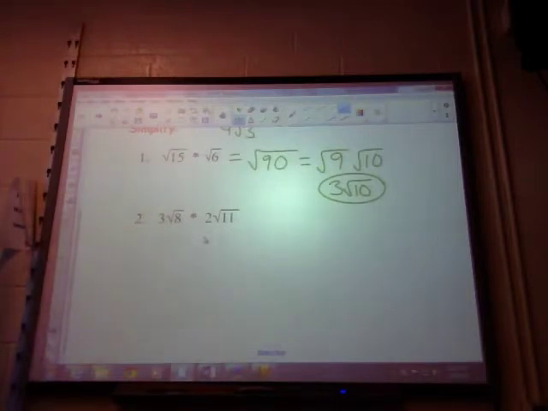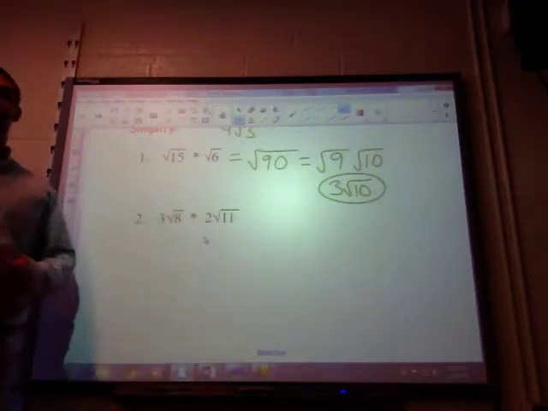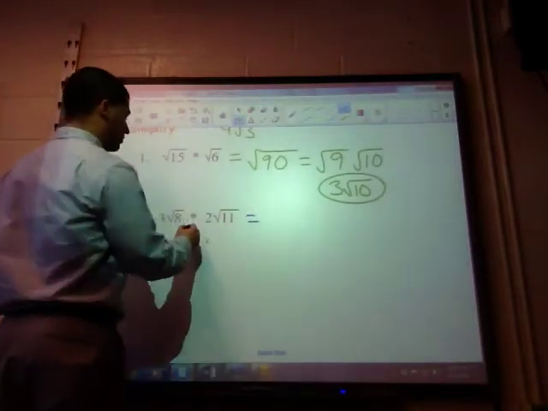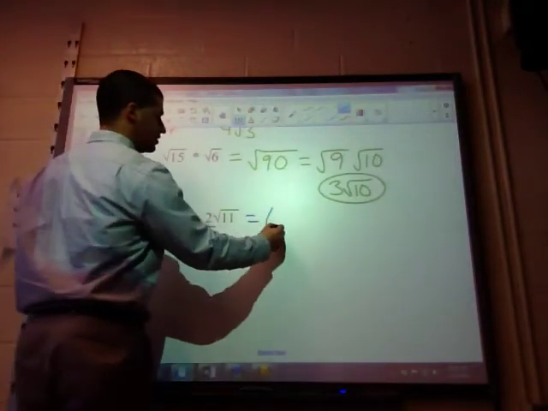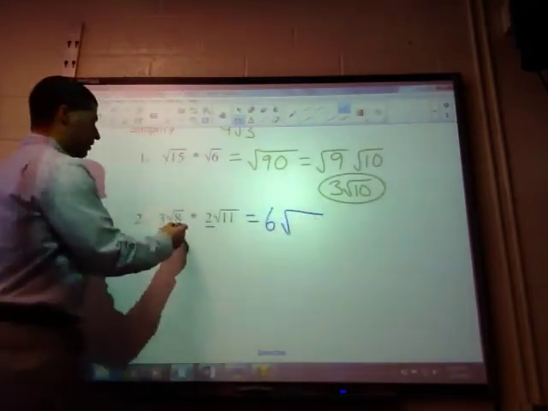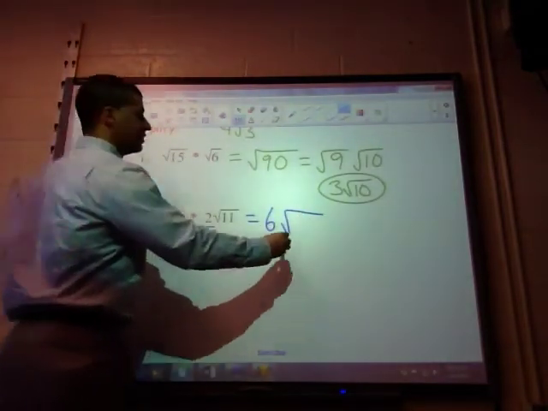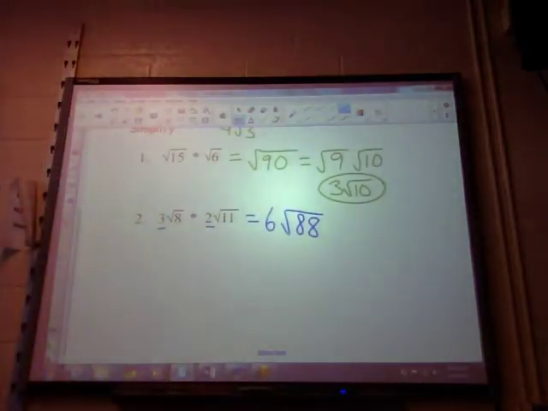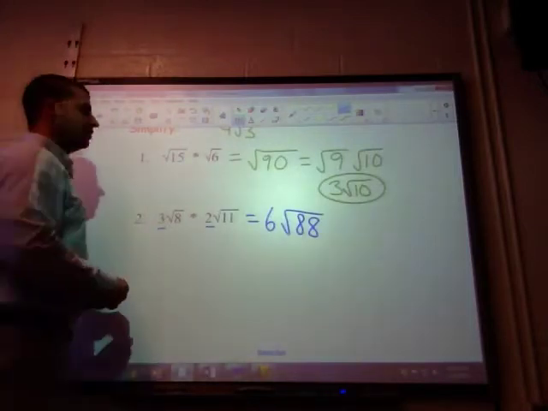So in this one, we throw a little wrench in. We have numbers out in front. Treat them just like numbers. Multiply them like they are numbers. 3 times 2 is 6. Radical 8 times radical 11 is radical 88. So we look for the biggest perfect square that goes into 88.